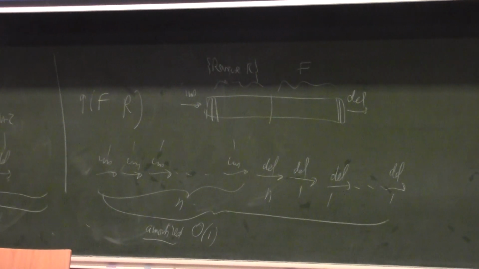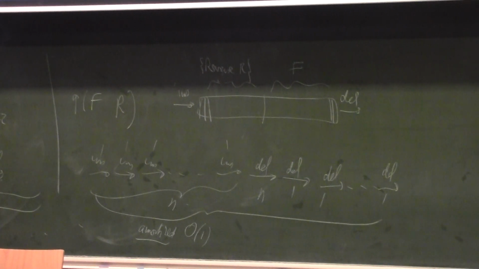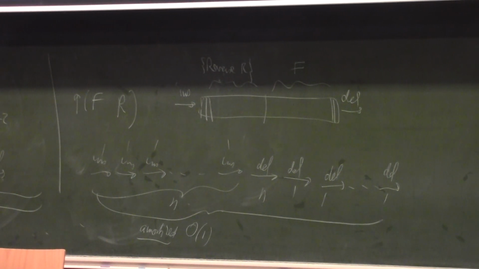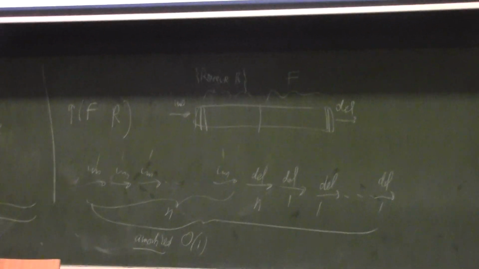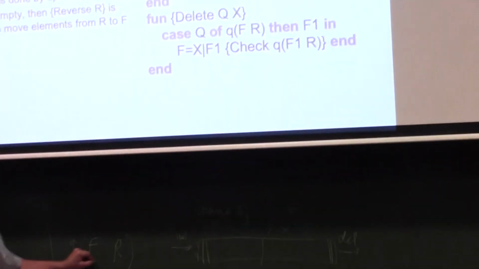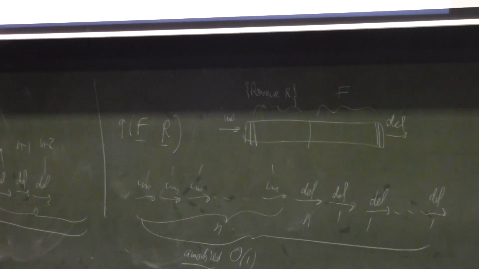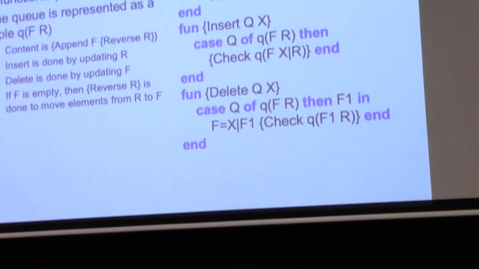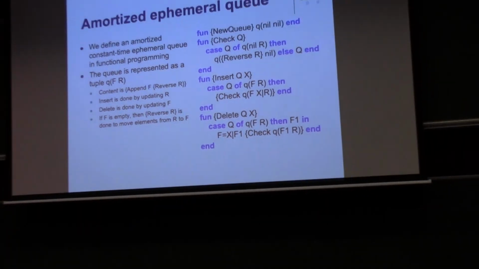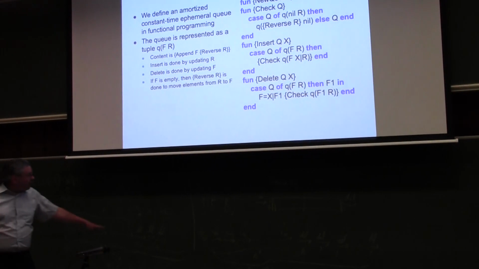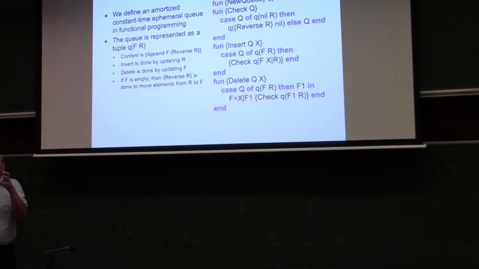So this guy is amortized constant time. And it works because of the two lists, F and R. That makes it a lot smarter, and lets you do smarter things, whereas in the original naive one, you have only one list, which is too simple.